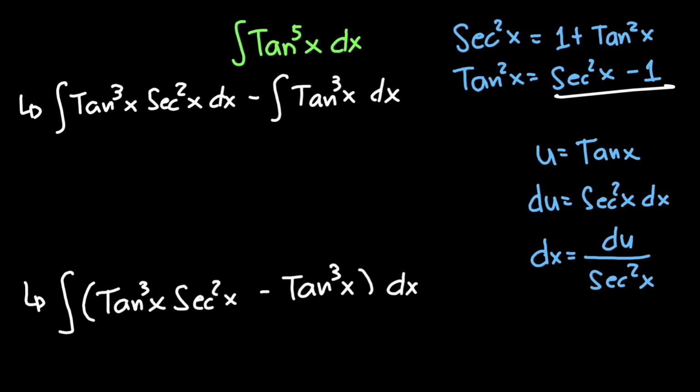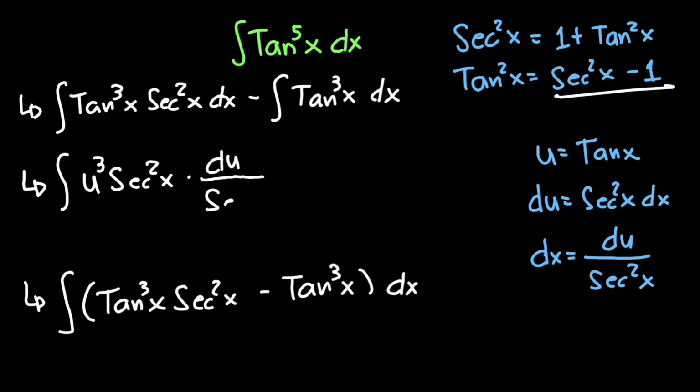So substitute all the values. Tangent cubed of x would be equal to u to the power of 3, multiplied by secant squared of x, and the value of dx would be equal to du over secant squared of x.